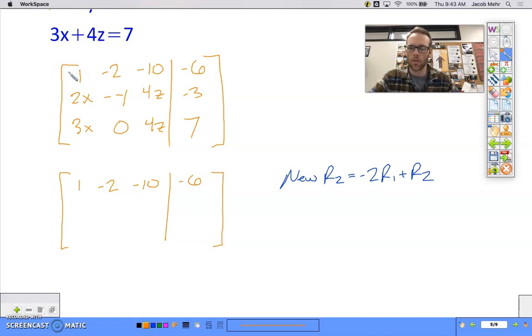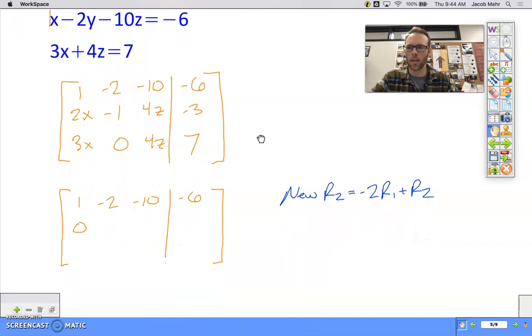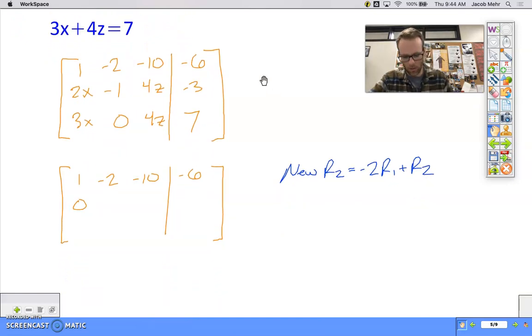So take -2 times this plus that gives me the 0 that I want. -2 times -2 is 4. What did I write here? I wrote a -y. That's supposed to be a -1 for -1y. You should not have any letters in your matrices. All right, so we've taken -2 times -2, which is 4. 4 plus -1 is 3.